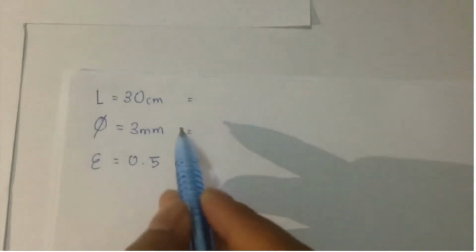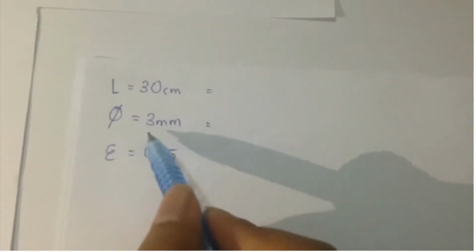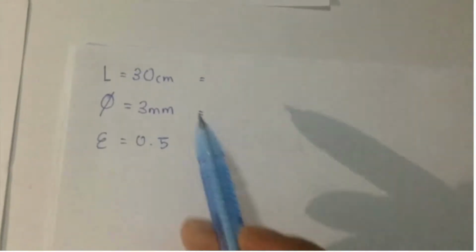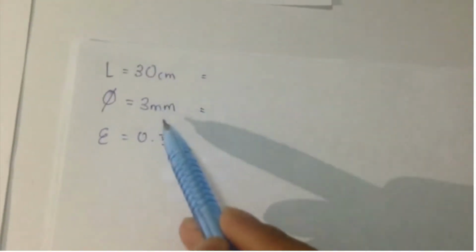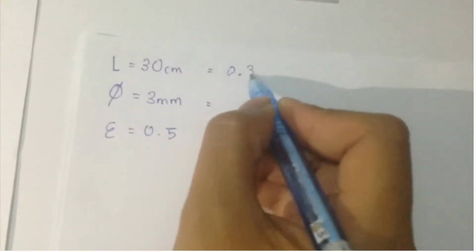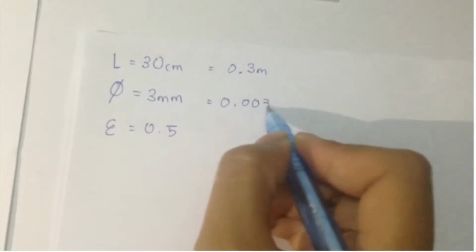The length of the nickel wire is 30 centimeter, the diameter is 3 millimeter, and the emissivity is 0.5. The units we need to convert to meter: the length will be 0.3 meter, the diameter will be 0.003 meter.